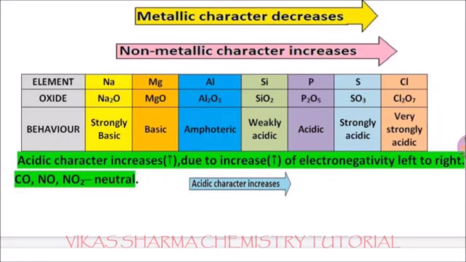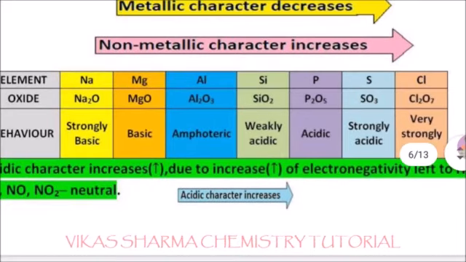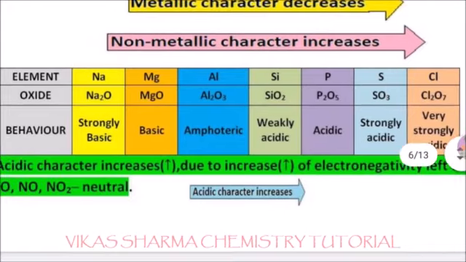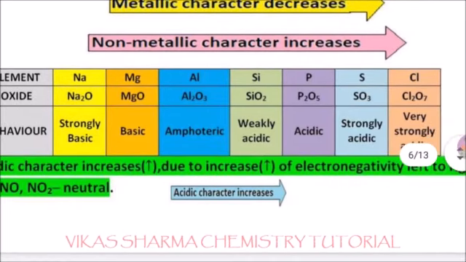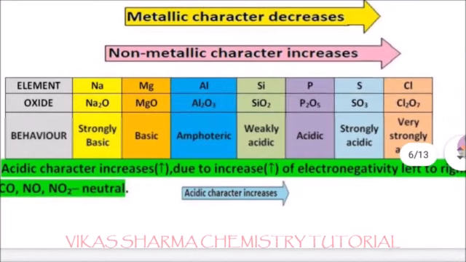SiO2 is weakly acidic, P2O5 is acidic in nature, SO3 is strongly acidic, and Cl2O7 is very strongly acidic. Means if we move left to right, at the left extreme strong bases are found and at the extreme right strong acids are found. So these are the patterns, and midway, amphoteric oxides are found.